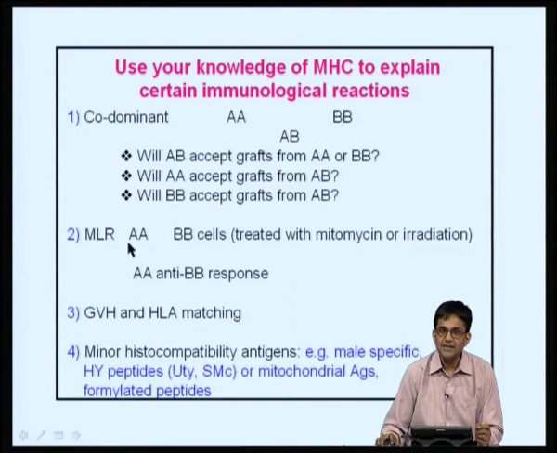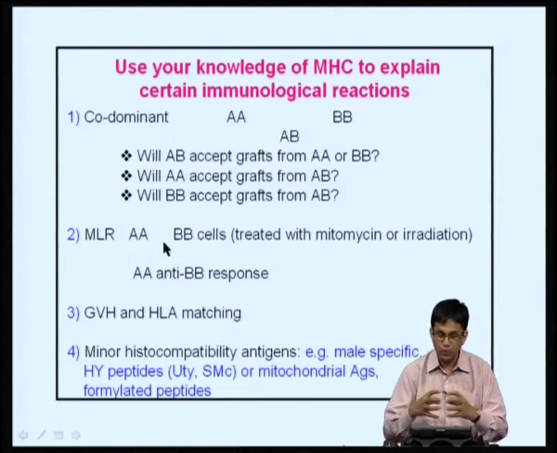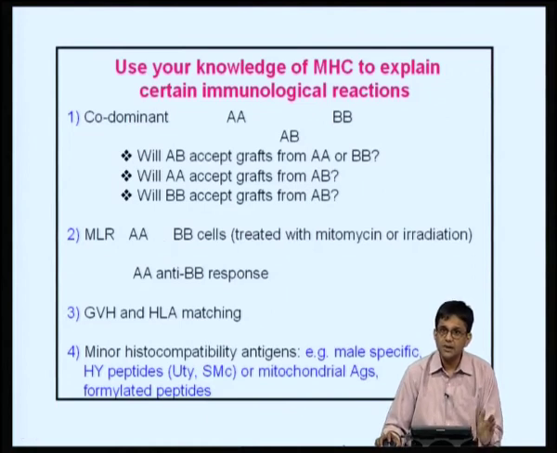So, AA T cells will recognize BB MHC molecules and mount a vigorous reaction. The BB T cells will recognize the AA MHC molecules and will mount a vigorous reaction. So, you have both types of interactions over here. This is a 2-way MLR. So, you do not know who is responding against whom.